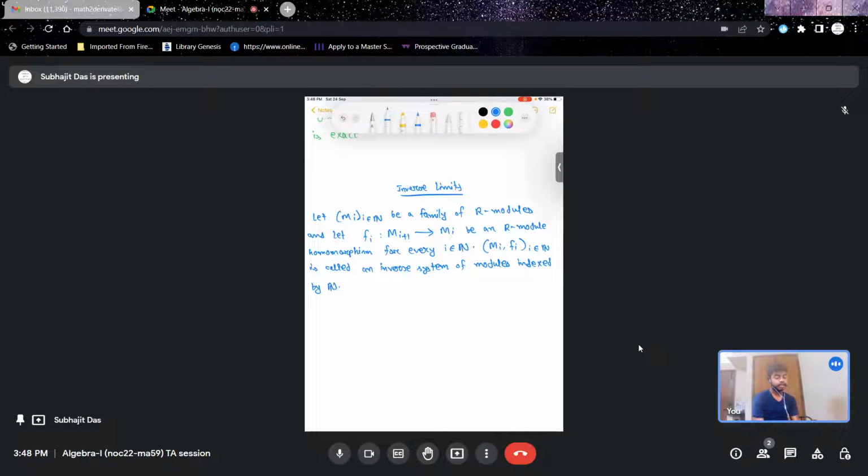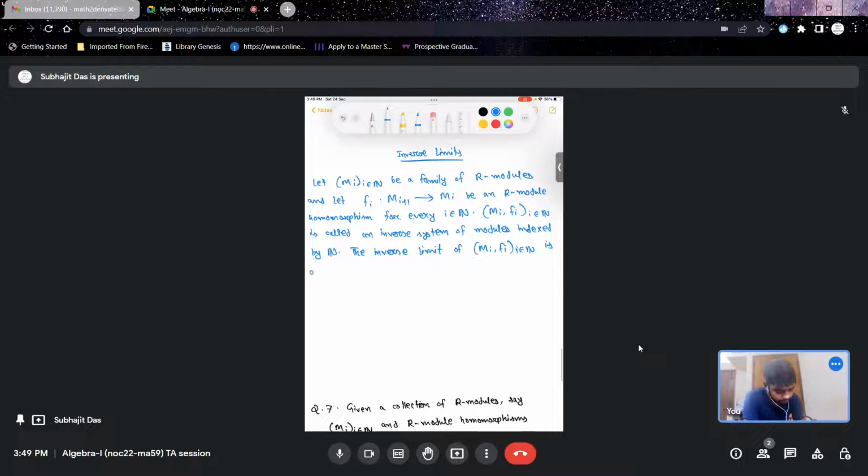So indexed by n, then the inverse limit of this system (Mi, Fi), i in n, is an R module.